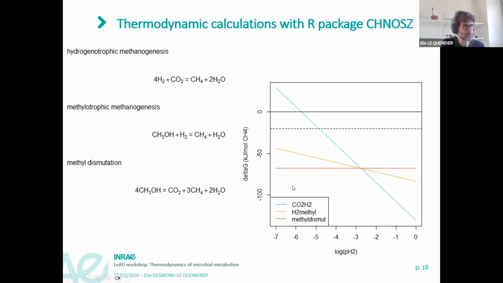And if you are on the left, the lowest delta G, so the microbe with the highest energy, will be the one with methyl dismutation, which means that, for example, methylotrophic metabolism is never the best at giving energy in this case. It's either better to have hydrogenotrophic methanogenesis or methyl dismutation.